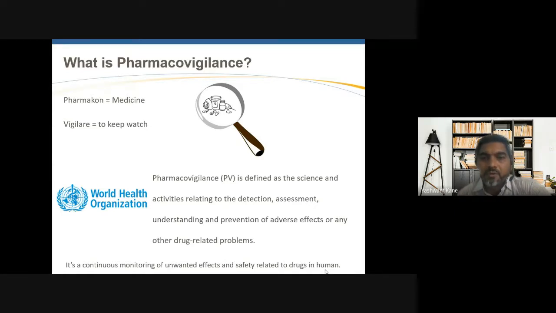Every word in this, detection, assessment, understanding, and prevention of adverse events, is very important, because how we detect, how we assess, how we understand and prevent, we are going to see in the coming slides. Okay, so this definition is by WHO.